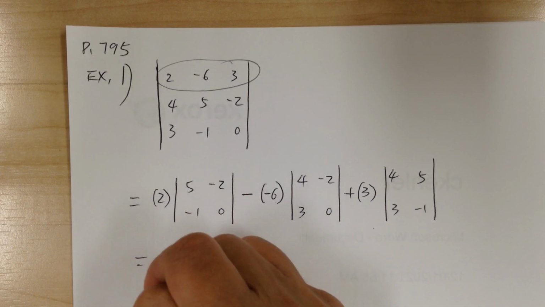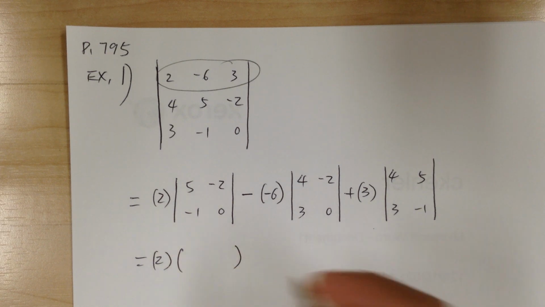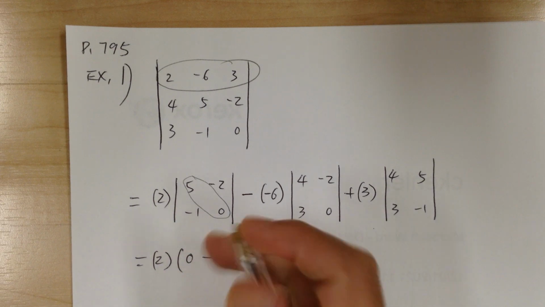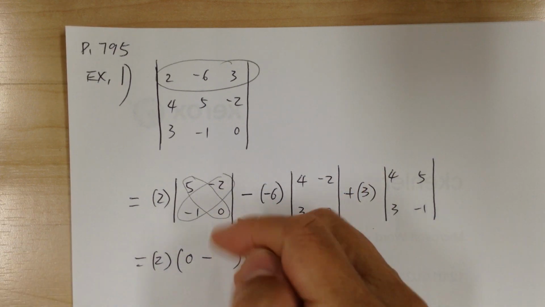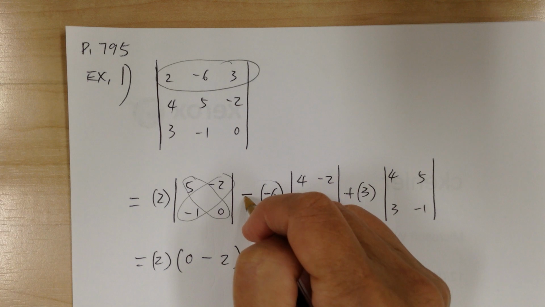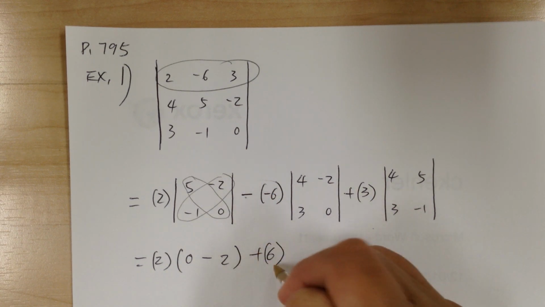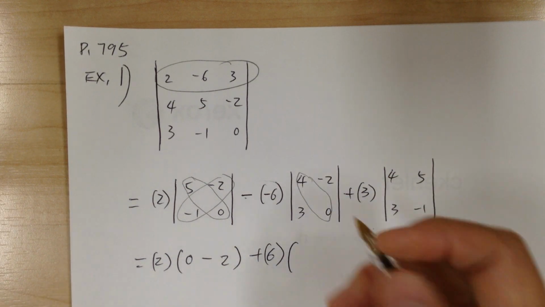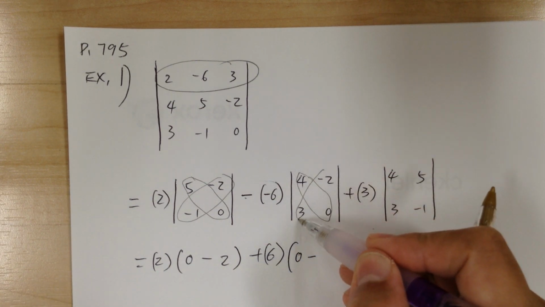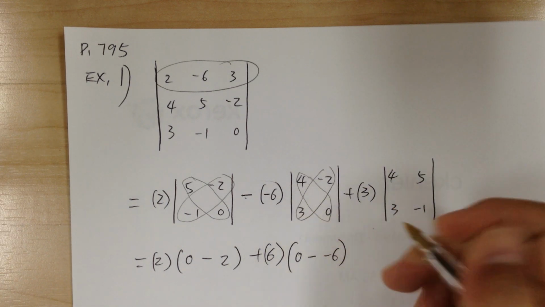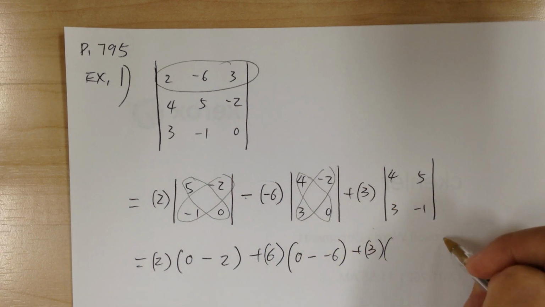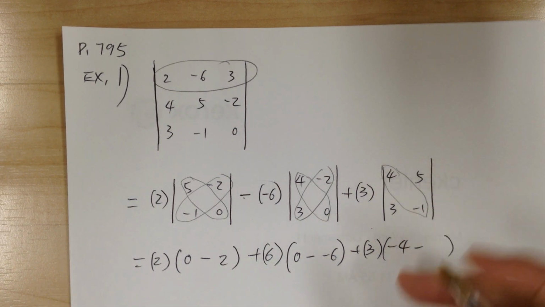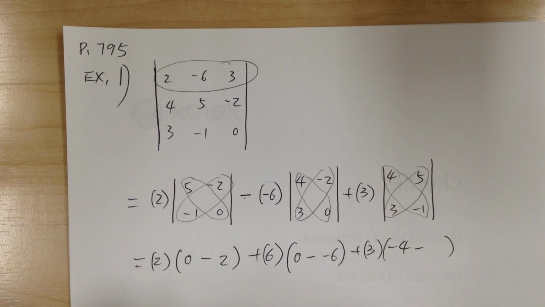Okay, so now let's go and work it out. Okay, so this would be 0 minus 2. Okay, and this would become negative, minus negative becomes plus 6, right? Okay, so you can do that. And this would becomes 0 minus -6 plus 3 times, this would be -4 minus 15.